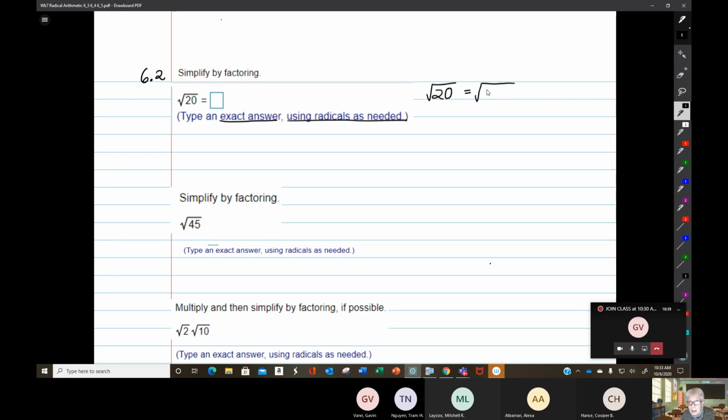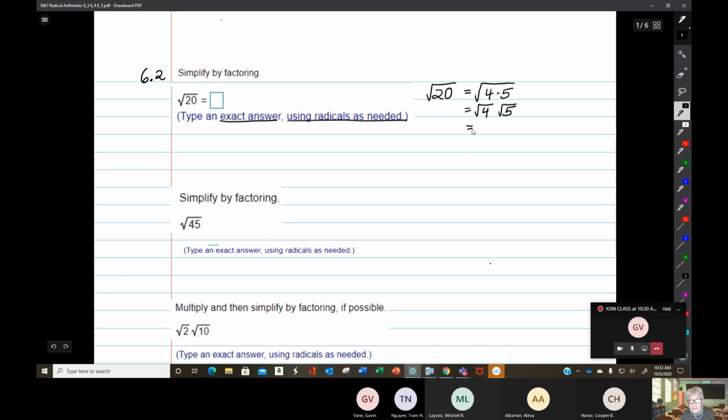So 20 breaks down into 4 times 5. And now, as long as these are multiplied or divided, we can break these down into separate square roots. The square root of 4 times the square root of 5.